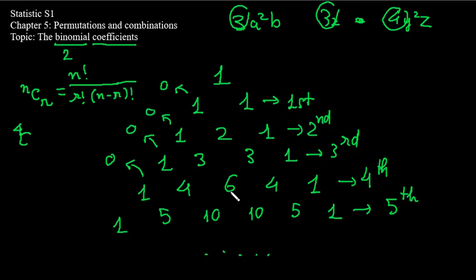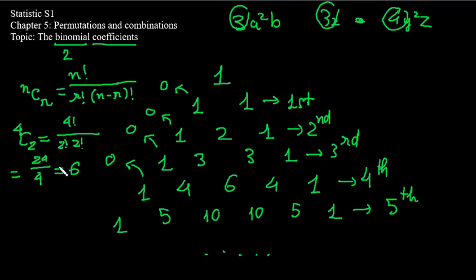Then I want to find this value. Its position is 0, 1, and 2. Here is position 2, so 4C2 equals 4 factorial over 2 factorial multiplied by 2 factorial, equals 24 over 4, equals 6.